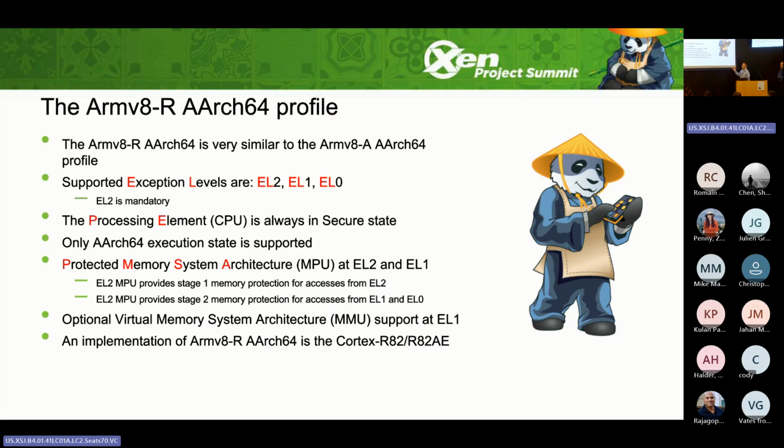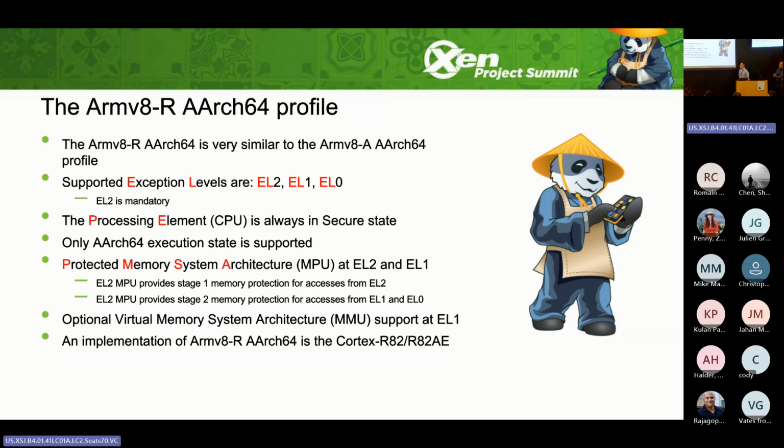So there is no longer EL3. Also, the processing elements, the CPUs, are always in the secure state. And the only execution state supported across all exception levels is the AArch64 execution state.